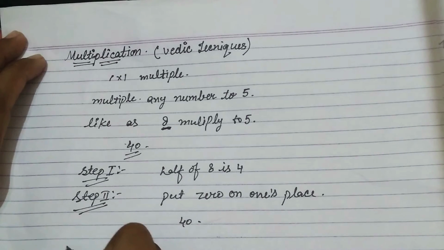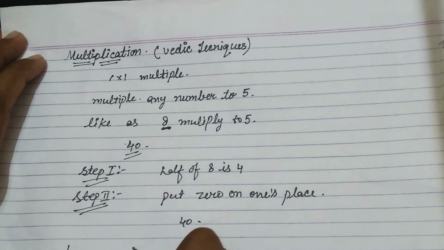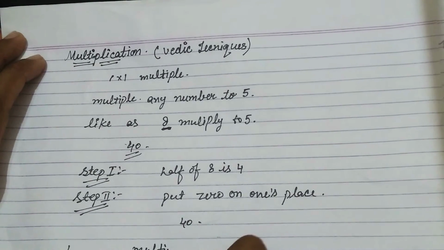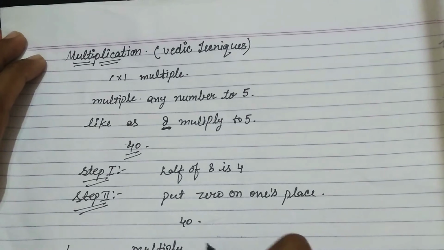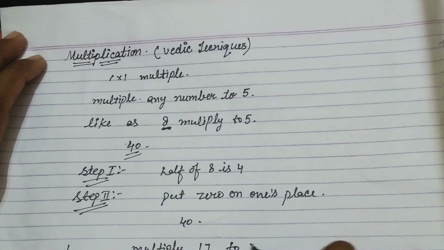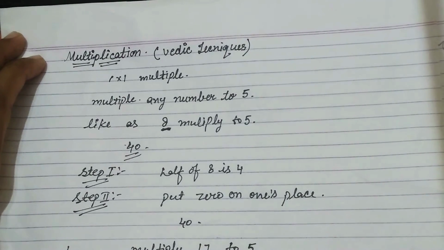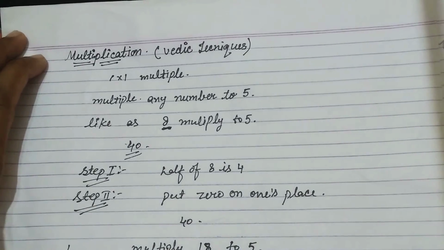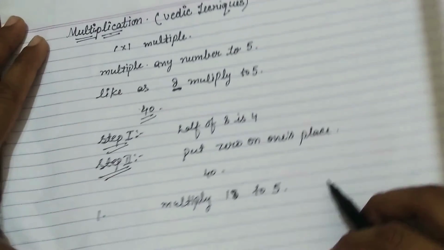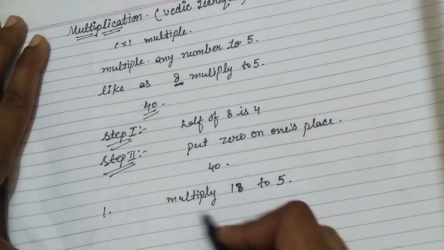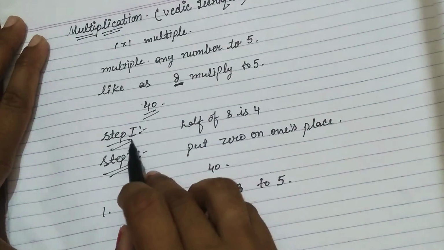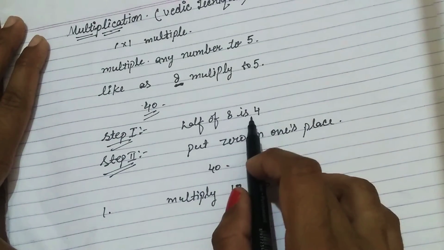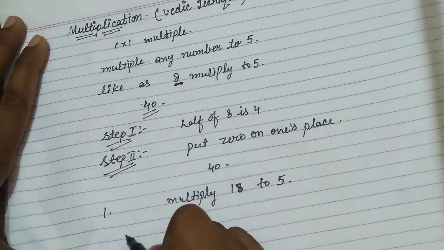So if you want to multiply 18 by 5, then what to do? The first step is half of that number.